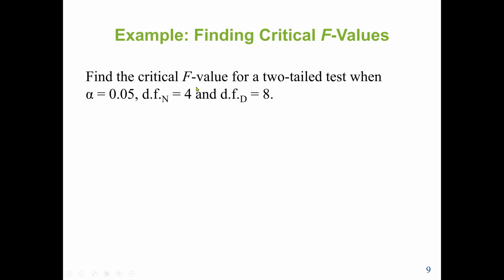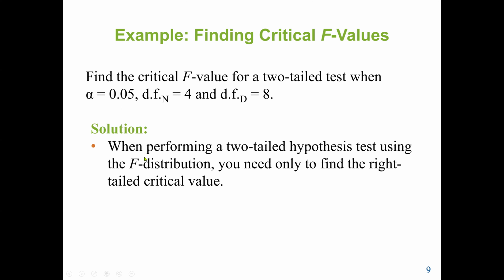So next, again, find the critical value for 2-tail. The previous one we did is a 1-tail. Now, if we want to find 2-tail, we're going to divide the alpha by 2. So we have our degree of freedom for the numerator, which is 4, degree of freedom for the denominator, which is 8. Alpha is 0.05. So solution, first, when performing a two-tail hypothesis testing using the F distribution, you need only to find the right tail critical value.